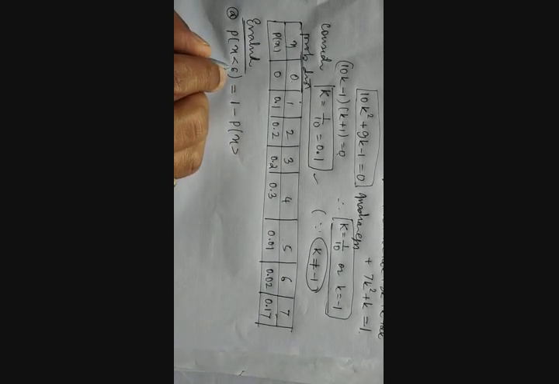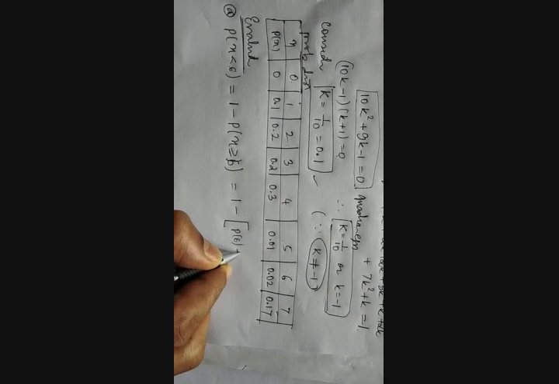Or else let us take it as 1 minus probability of x greater than or equal to 6. It was less than, so it becomes greater than. 6 is excluded from the less-than case, so 6 will be included. Therefore it is 1 minus probability of x greater than or equal to 6, that is 6 and 7. So 1 minus probability of 6 plus probability of 7.